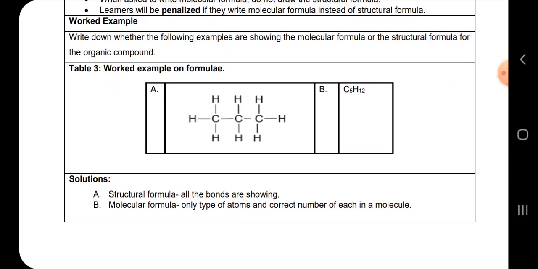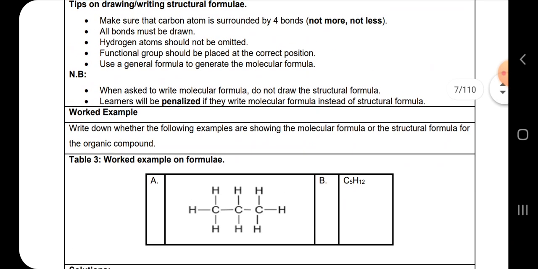Okay, so here is a worked example. Write down whether the following examples are showing the molecular formula or the structural formula for the organic compound, from A to B. Which one are they showing? Is it a molecular formula or a structural formula?